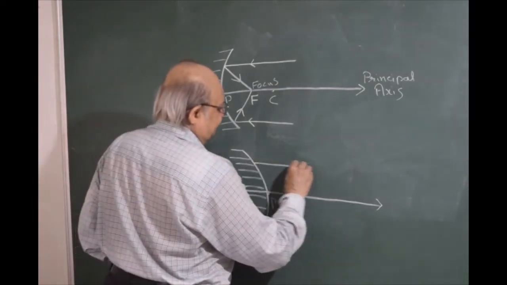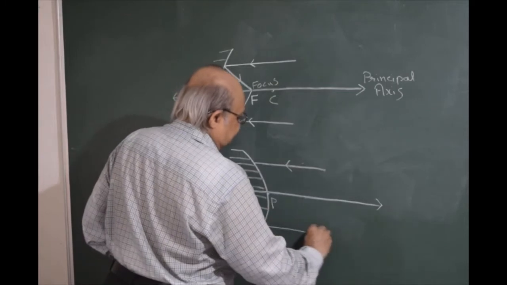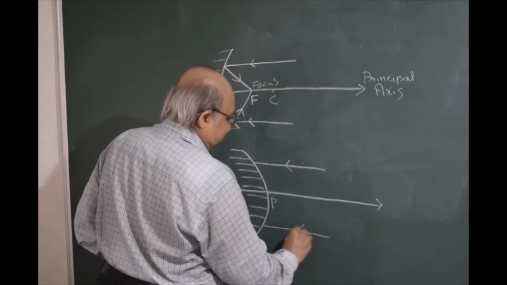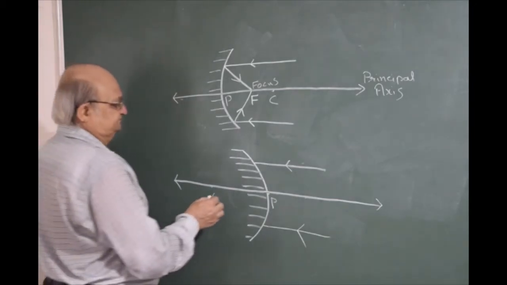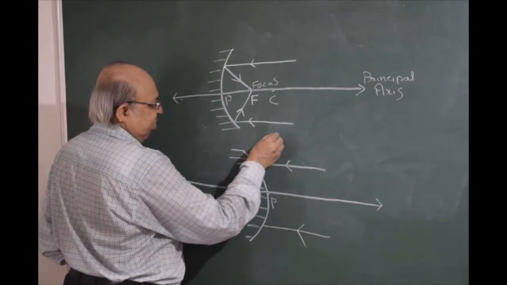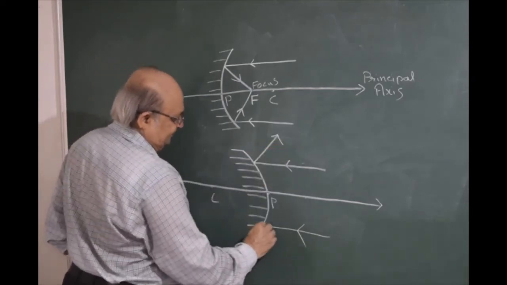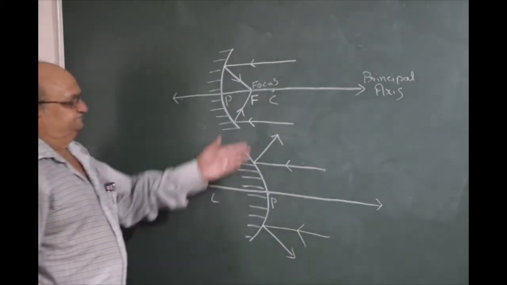When we make rays parallel to the principal axis incident onto a convex mirror, they diverge and go away from each other. They don't meet.